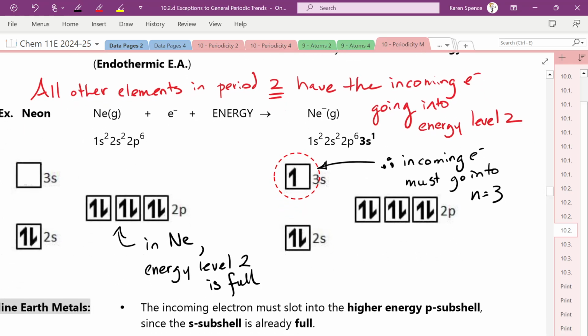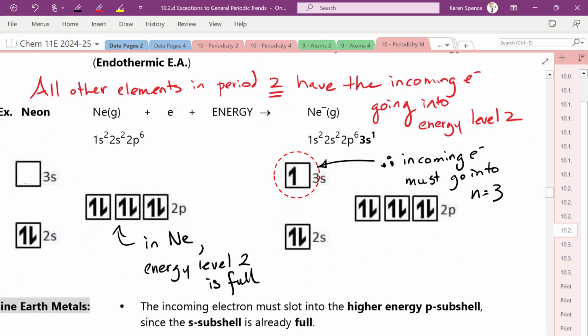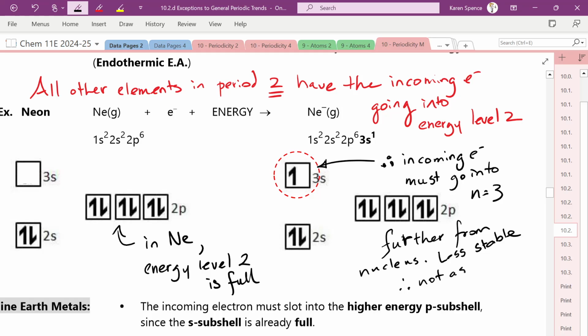This is further from the nucleus and it is less stable. Therefore, not as favorable.